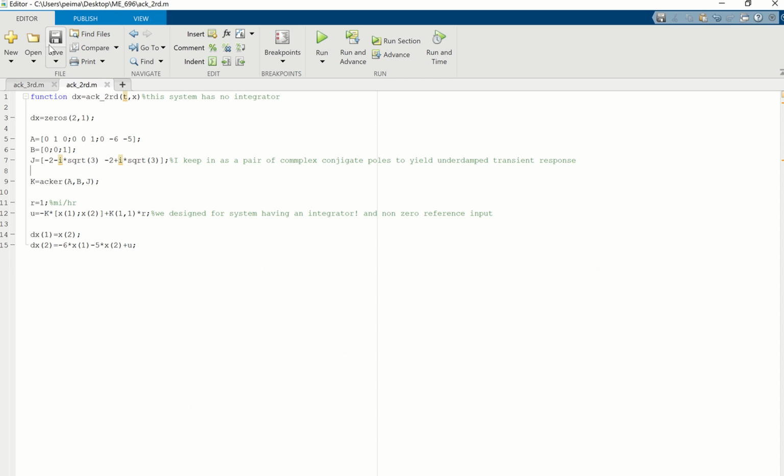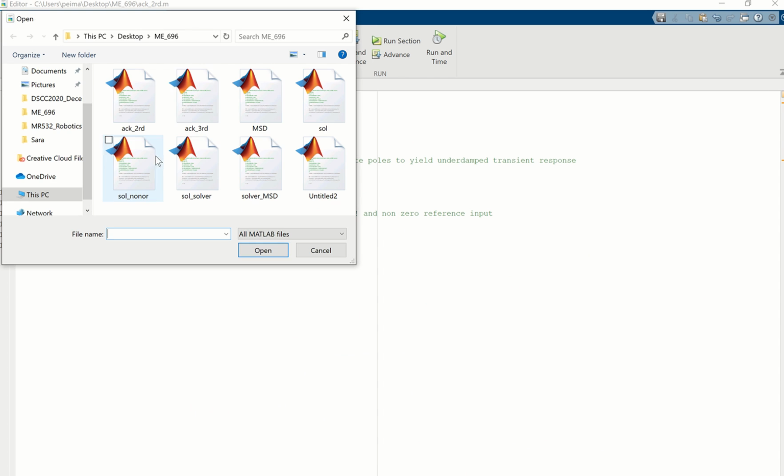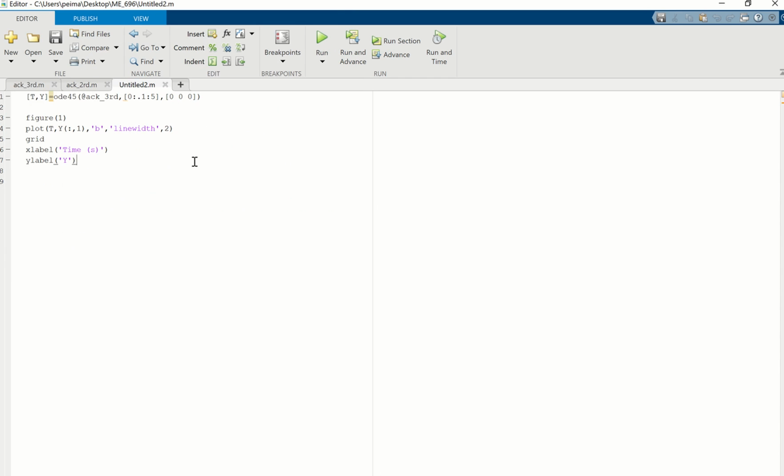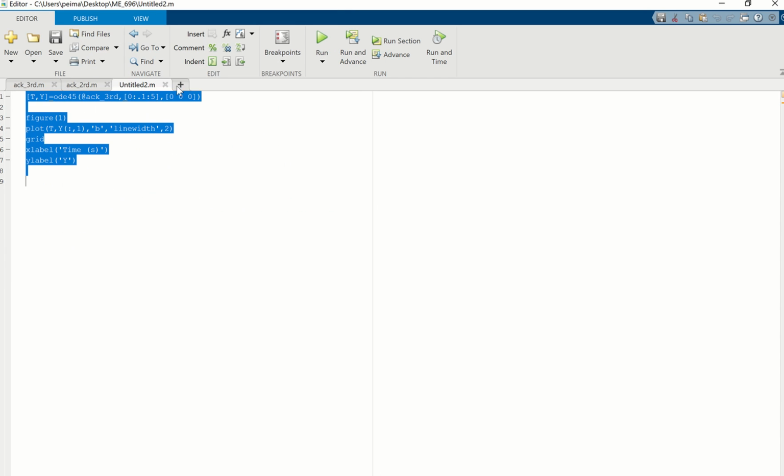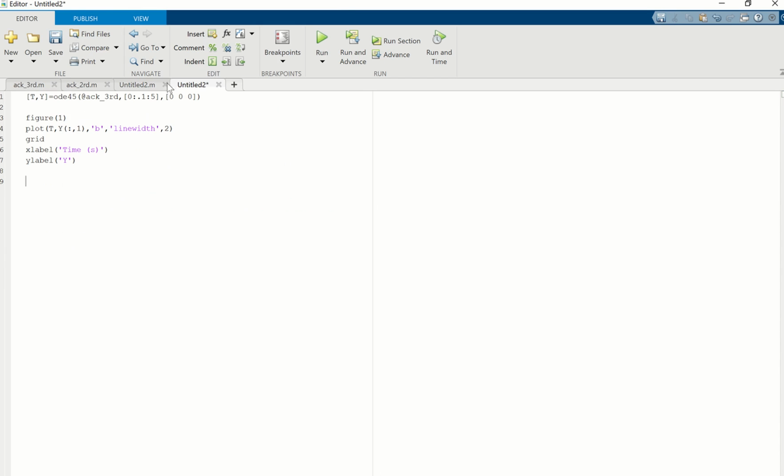That's right. And now from the previous class, the Ackermann solver was this, right? I'm going to make it another file because I don't want to combine them. So here is going to be the second order system. I'm going to call them second, remember?